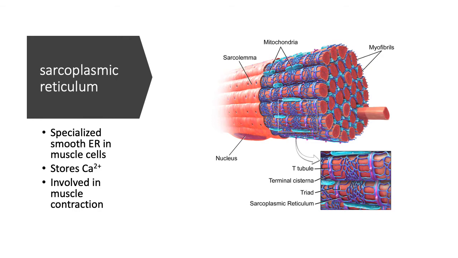A lot of muscle words start with sarco, like the plasma membrane is called the sarcolemma. Basically the endoplasmic reticulum in the muscle cell stores calcium, and it's part of the system that enables your muscles to contract. So don't worry about knowing that right now, it's just forewarning for the future, you might see that.